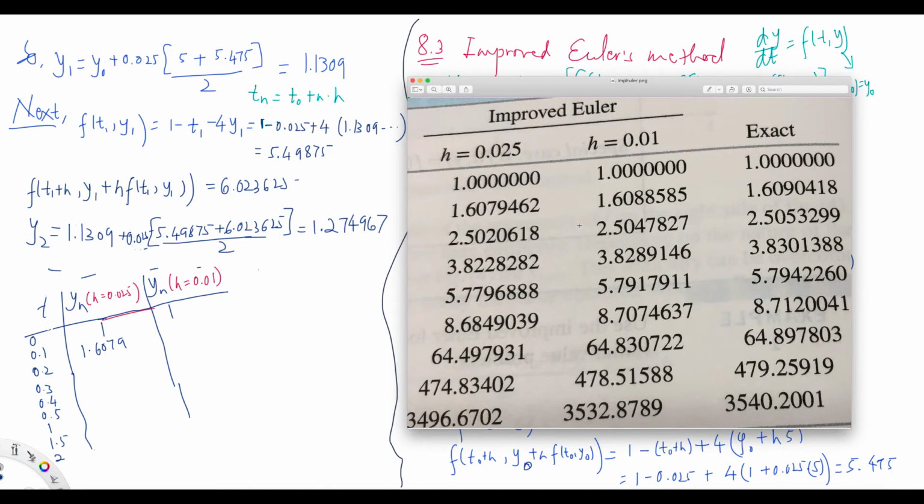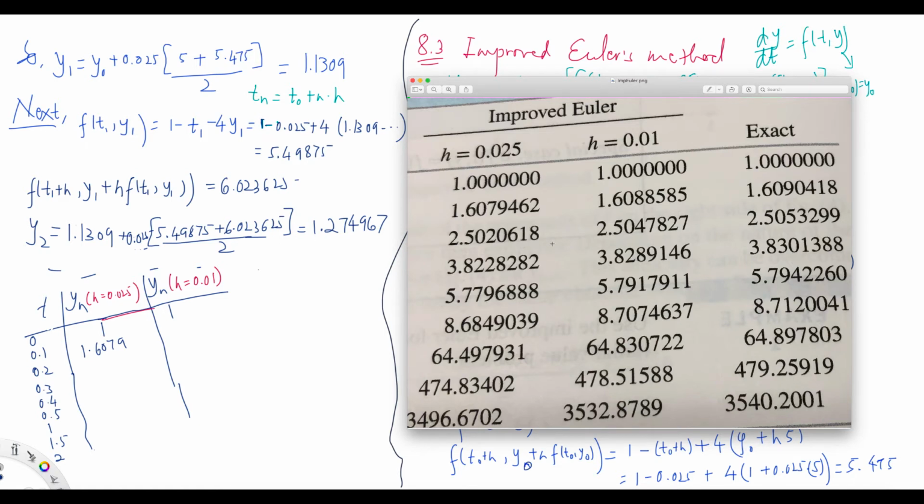Look at this one. When h is 0.025, this is for t0. This is for t1. This is for when t equals 0. This is when t equals 0.1, t equals 0.2, t equals 0.3, 0.4, 0.5, 1, and then 1.5, 2, and so on.